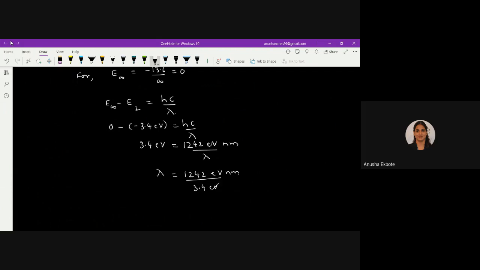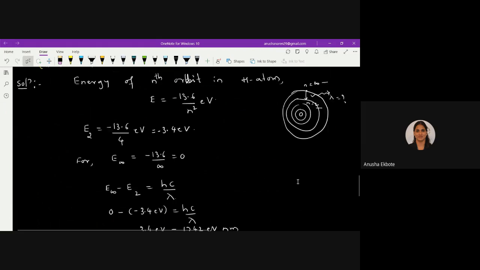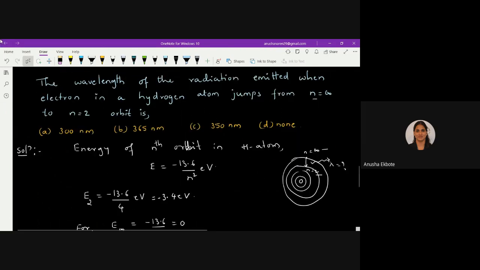So eV gets cancelled. When you solve this, your answer is 365 nanometer. So the wavelength emitted by an electron when it transits from infinite level to the second level, what answer are we getting? 365. Let us find it in the options. Yes, in the options it is the second one. Right? So this will help you to solve your problems at the faster rate. Thank you.